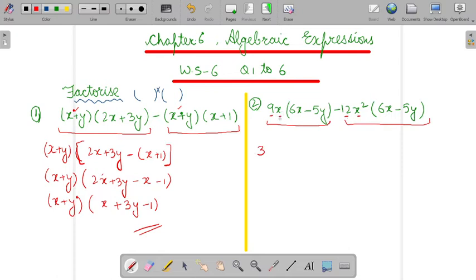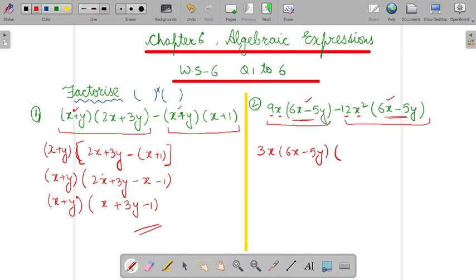So you know it very well that if the variable is there, then the lowest power you will take out. And 6x minus 5y is also there in both of them. So that also we will take out. So these are the terms which are common in both of them.